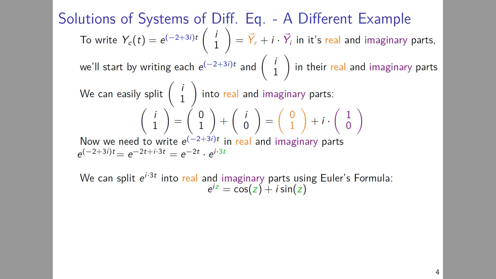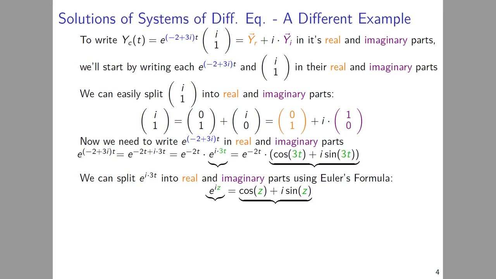So we can rewrite e to the i times 3t as cosine 3t plus i times sine 3t, which is still being multiplied by e to the negative 2t. Distributing e to the negative 2t in, we get that e to the negative 2 plus 3it can be rewritten in its real and imaginary parts as e to the negative 2t times cosine 3t plus i times e to the negative 2t sine 3t.